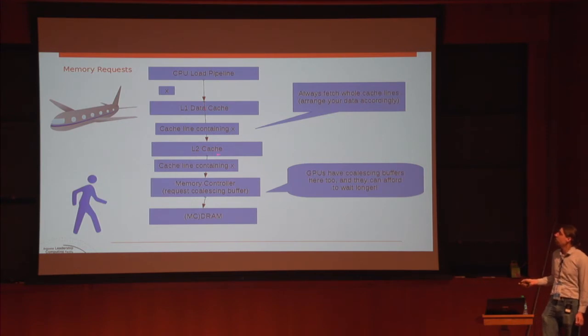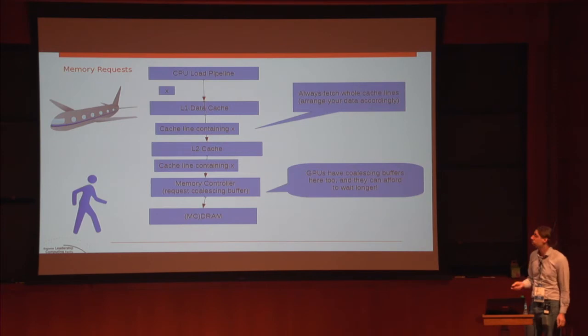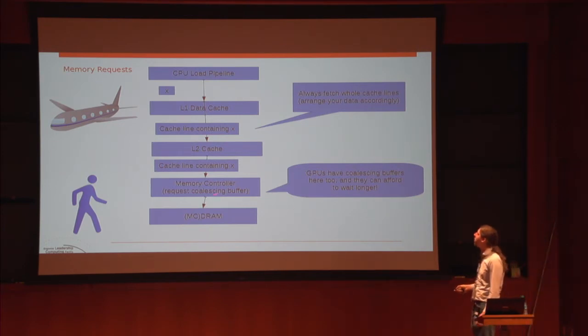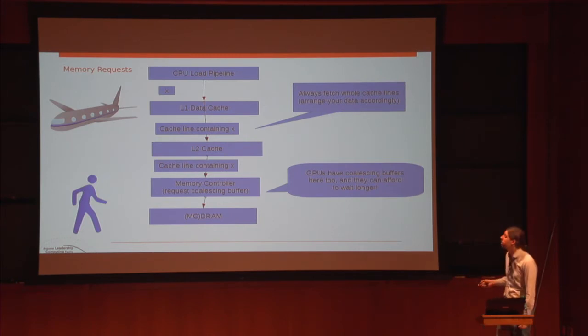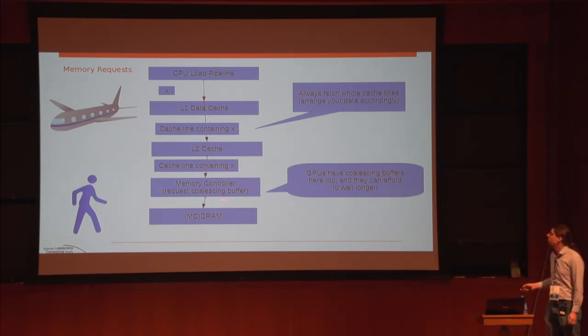If it's not in the L2 cache, then it requests the entire cache line containing that data from the memory controller, which has a small reordering buffer, but otherwise issues the request to your DRAM. I will mention this coalescing buffer, which does exist on both CPUs and GPUs, is generally larger and will wait longer on GPUs because they can hide more latency.